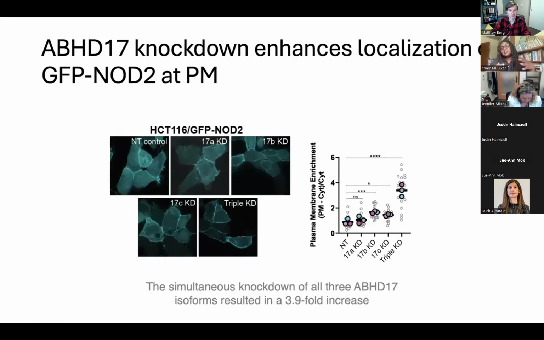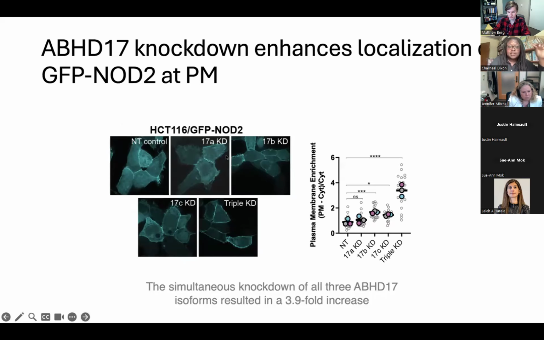So for us, the next logical step was to determine if the endogenous ABHD17 enzymes regulated NOD2 depalmitoylation in these cells. So we were essentially investigating the effects of using RNA interference to knock down the ABHD17s and then looking at NOD2 palmitoylation. Now, when we silenced the 17A isoform, there was no significant change in the localization of NOD2. However, there was a modest change for 17B and 17C.